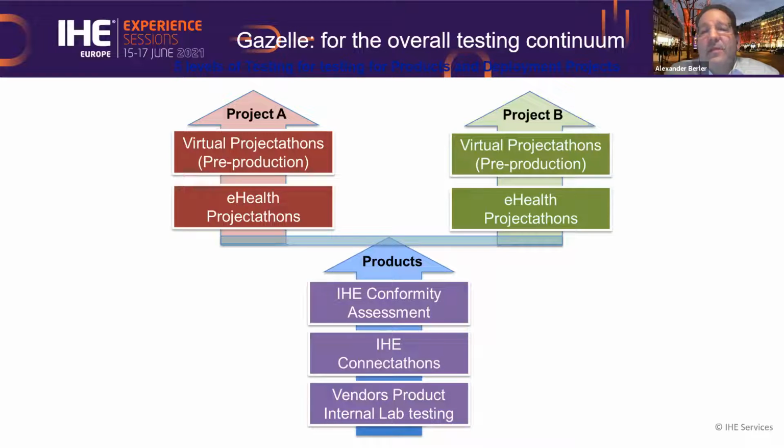And that can be also virtual projectathons. This is usually done when we are talking about pre-production testing. This is, for example, what the European Commission does with the eHealth DSI testing, setting several conformance gates and several testing periods using the same approach.